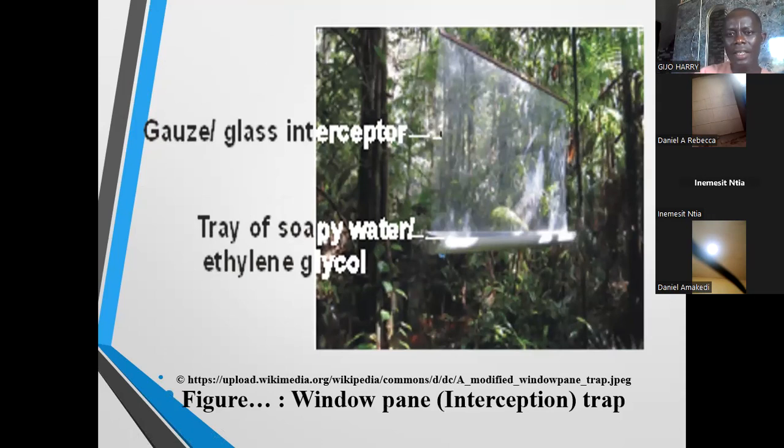As they fly and hit the surface of this glass, they fall into the container that contains ethylene glycol or other substances. All right, so that's how the window pane or interception trap is used.